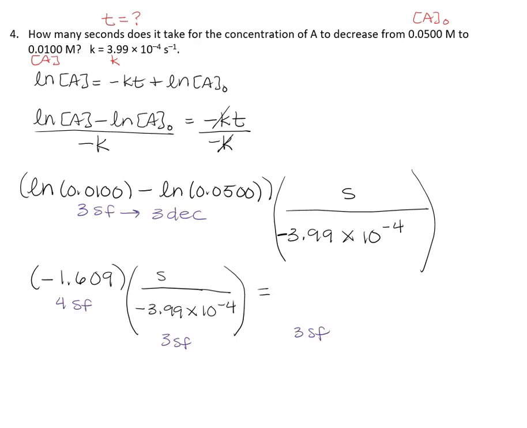So we have negative 1.609 divided by negative 3.99 times 10 to the negative 4, and that gives us 4,034. 3 sig figs will be 4.03 times 10 to the 3, and our units are seconds.